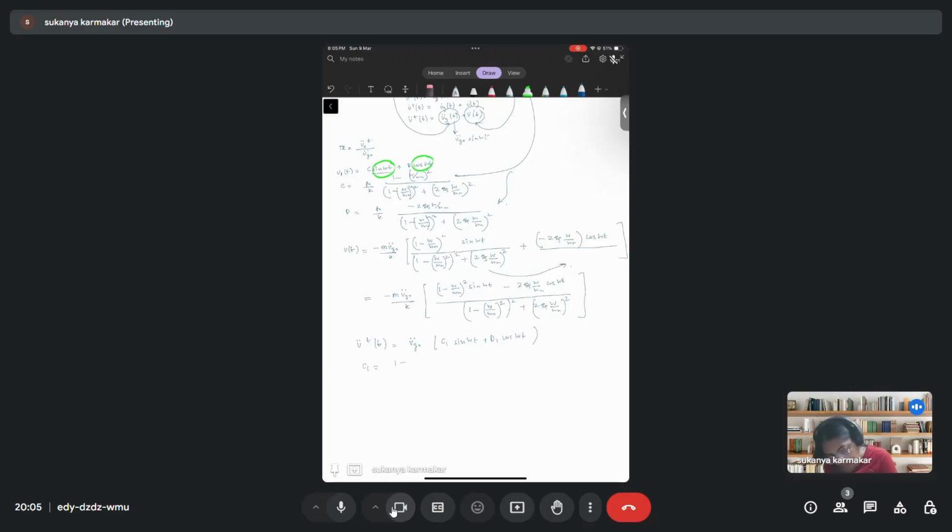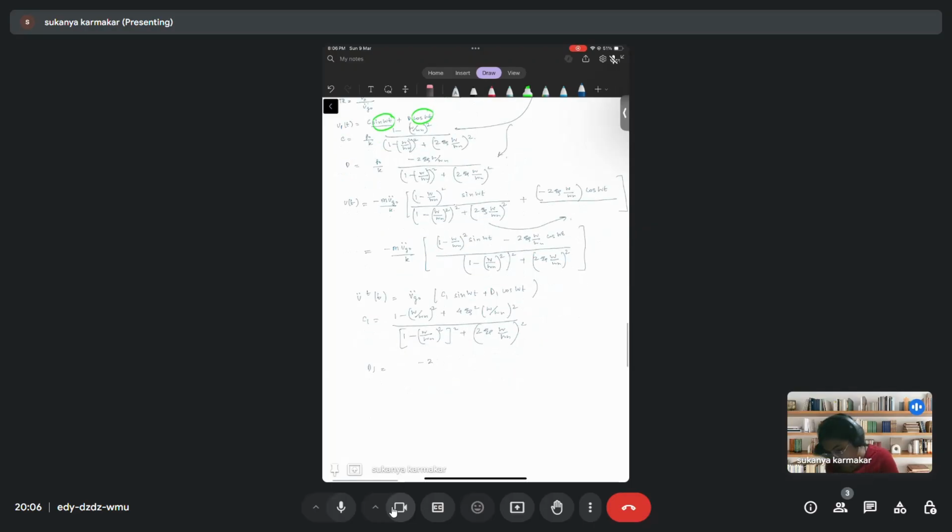C1 is minus 1 by omega n whole square plus 4 zeta square omega by omega n whole square, whole divided by 1 minus omega by omega n plus 2 zeta omega by omega n whole square, and d1 is equal to minus 2 zeta omega by omega n whole cube by 1 minus omega by omega n square of that quantity plus 2 zeta omega by omega n whole square.